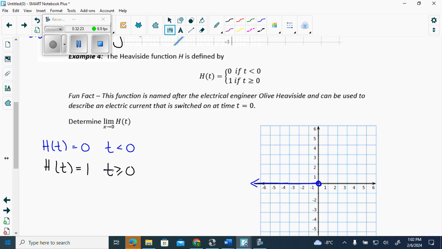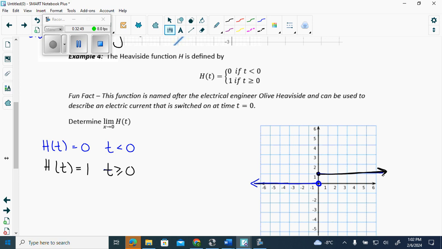At 0, and is it a closed or open dot? Closed, because there's an equal to sign. So I put a closed dot, and I have a horizontal line running this way. You agree?